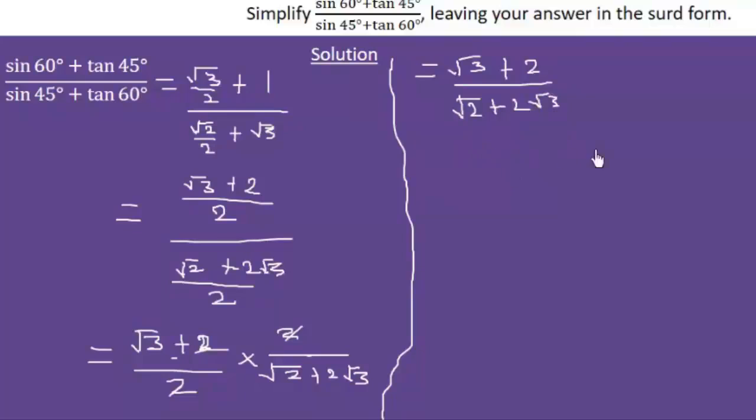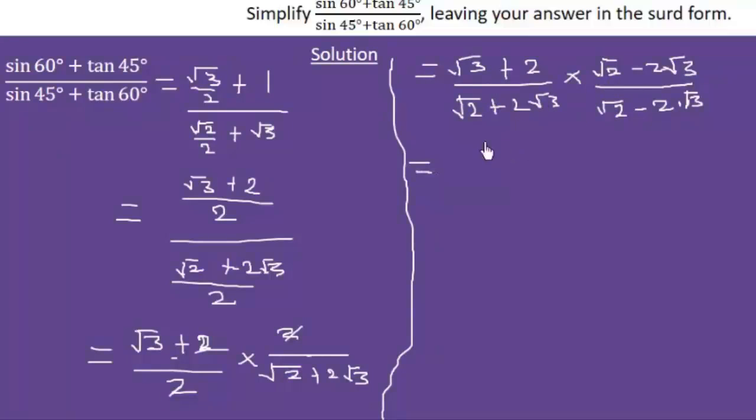Now we don't leave the surd in the denominator. So we rationalize it. The conjugate is root 2 minus 2 root 3. So we multiply by root 2 minus 2 root 3 over root 2 minus 2 root 3.